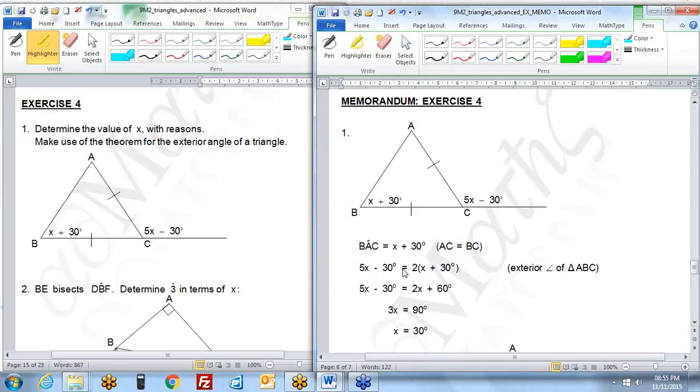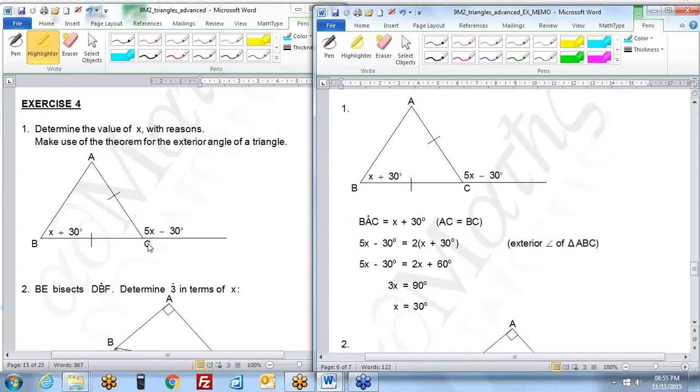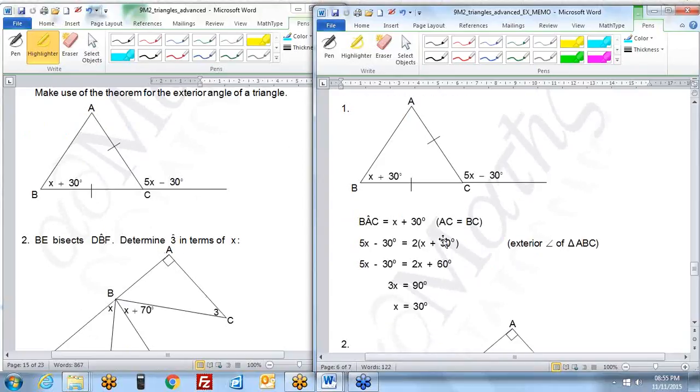You divide by 3 because you want to get the value of x, not 3x, only x. And then you get x equals 30. And very important, your reasons.